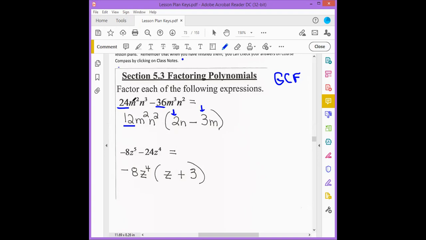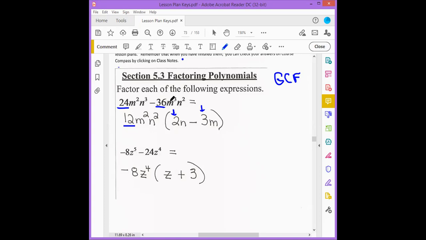We have 24m squared, that's 2 m's for the first term, and then minus 36m cubed, that's 3 m's for the second term. What's the largest number of m's, the variable m, that we can take from both terms? We can take 2 m's from the first term and 2 m's from the second term.